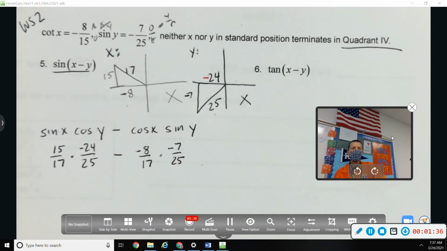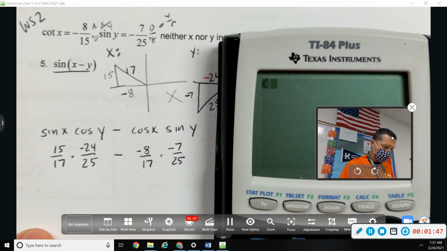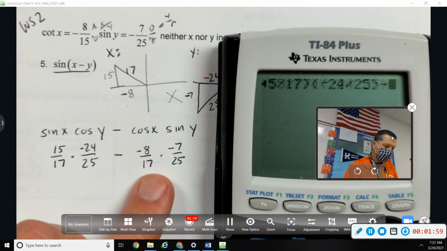And what's probably the best, safest way to solve from there? Calculator. And you can use the fraction bars if you like. If you find it annoying to type in all the fraction bar stuff, then you can use parentheses and divided by. As long as you're careful.